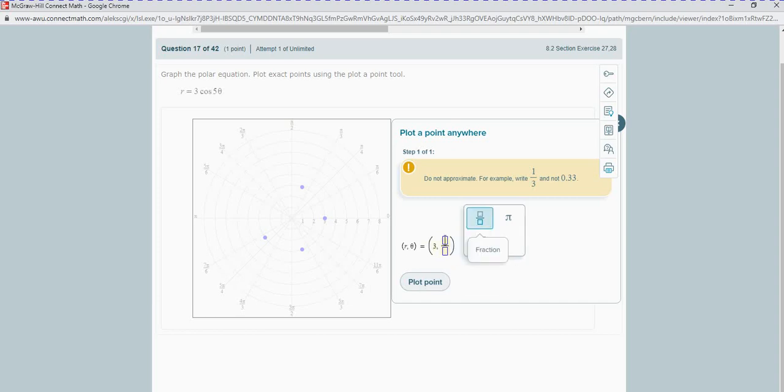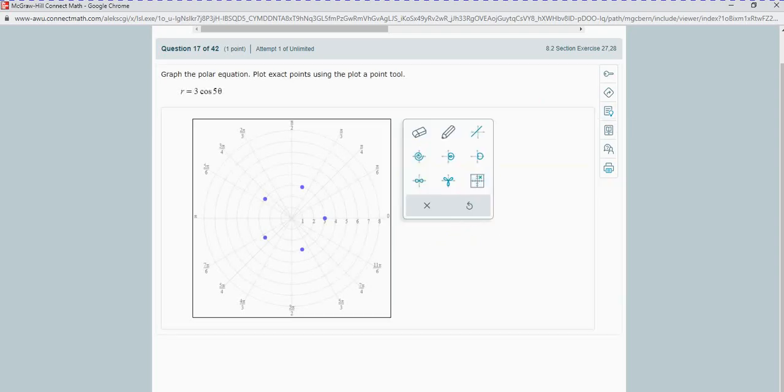There we go. And then 4 pi over 5. Plot that point. Notice if you look at the points where they are, they're symmetric. They're evenly spaced around the coordinate plane. That's not a coincidence. That's what we expect. So if we were to connect them, we could almost form a star. In this case, our star is going to look like a flower.